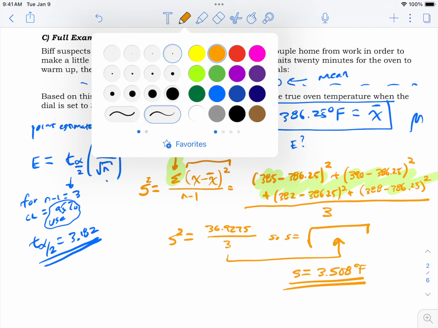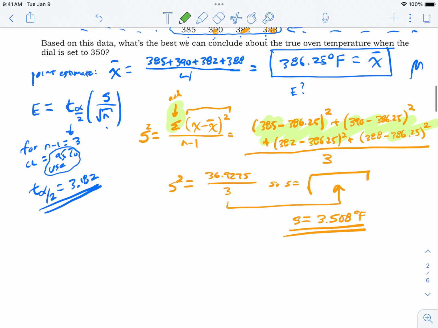Okay, what do you say we go to a new color and continue right along here? So, E equals the T alpha over 2. We looked it up. Remember, that's based on sample size and confidence level. Times the S, 3.508, that we just calculated, and divided by square root of sample size, which was 4.